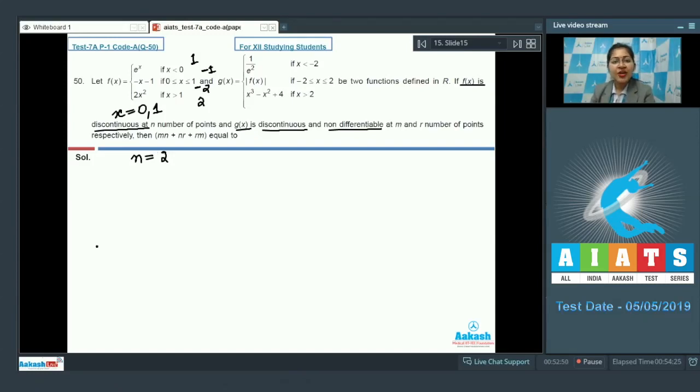Also for g(x) we have to find the points of discontinuity. Firstly, let's find the function g(x), that is equal to 1 upon e square for x less than minus 2.